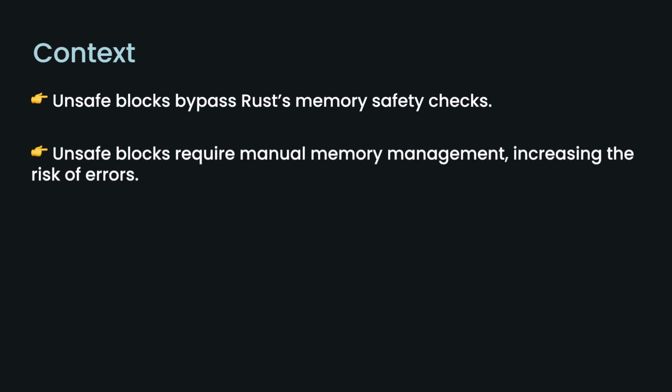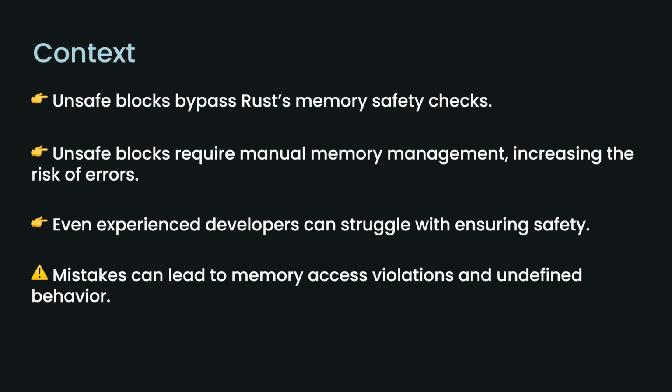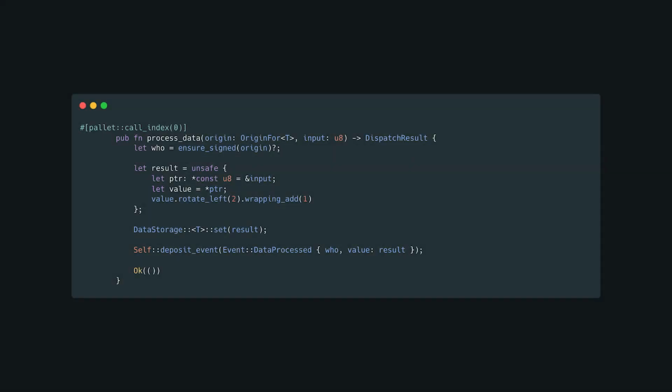These blocks require the programmer to manually ensure that memory is correctly managed and accessed, which is prone to human error and can be challenging even for experienced developers. Therefore, unsafe blocks should only be used when absolutely necessary and when the safety of the operations within can be assured. Here is an example where this issue appears.